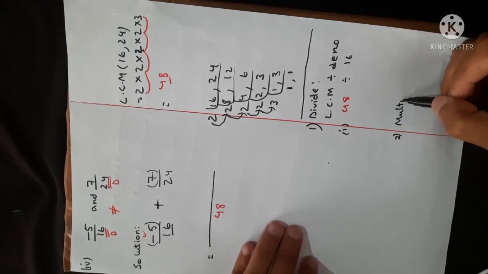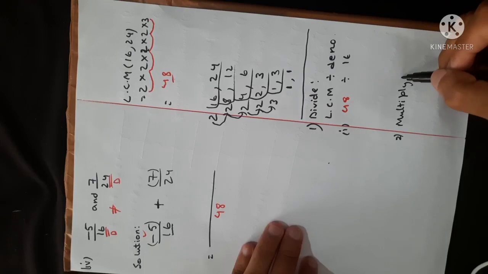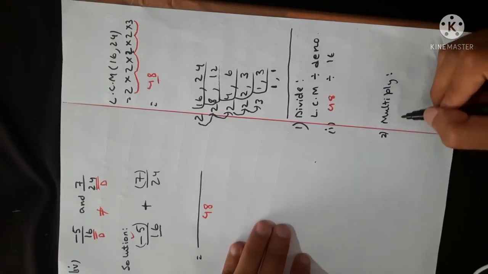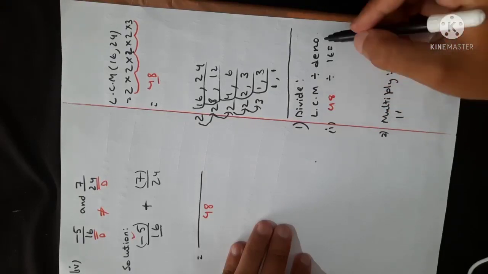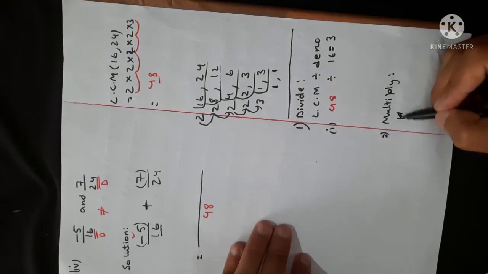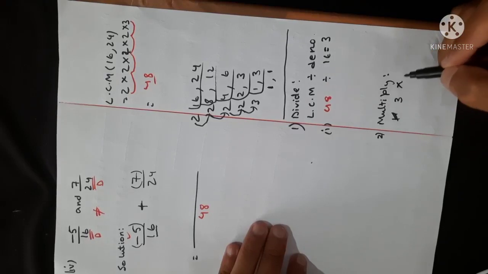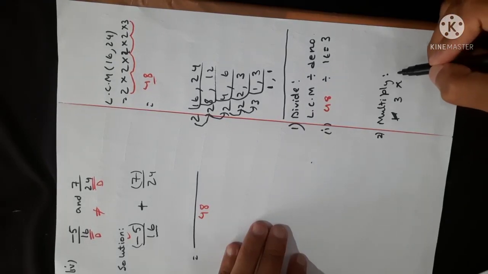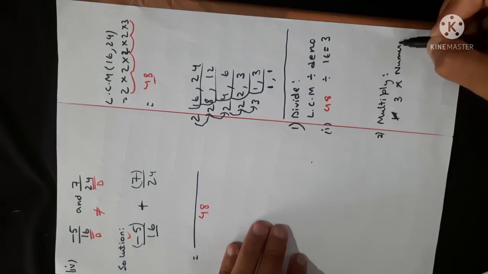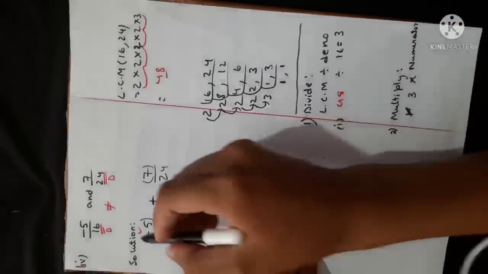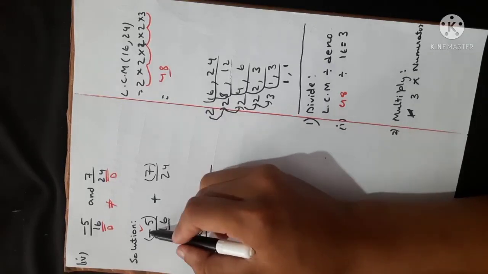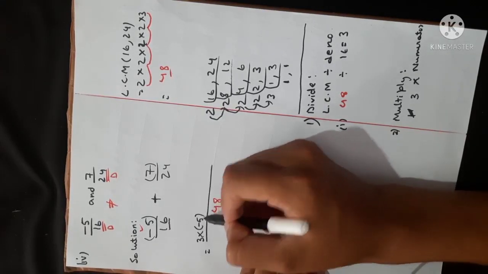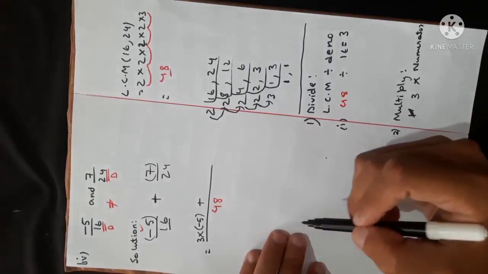Multiply. 48 divided by 16 equals 3. So 3 multiply with the numerator. What is the numerator here? Numerator is minus 5. So minus 5, plus.